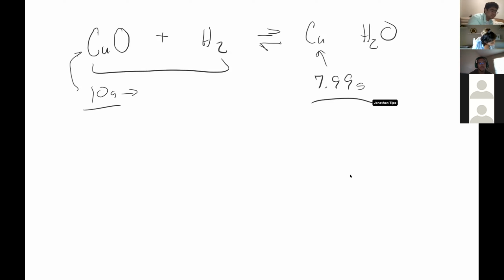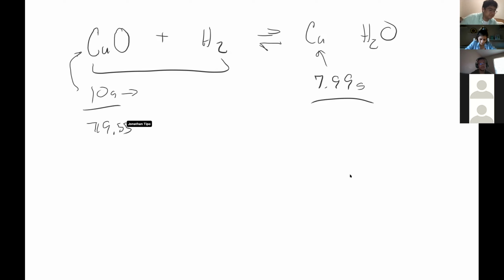Does anybody know the molar mass of copper 2 oxide? Cool. That's 79.55 grams per mole.